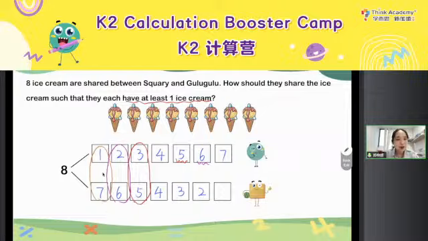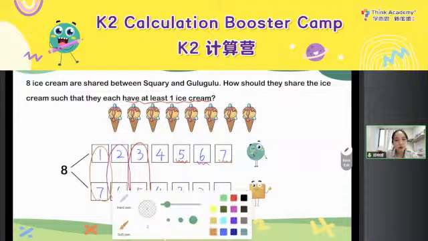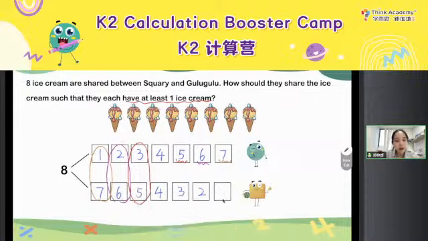One is 7, one is 1. Which means once you see part of the 8 as 7, you realize, oh, the remaining part, the missing part must be 1. All right, so now Squarry gets 1, Glue Glue gets 7. Okay, so this is how we can split 8.